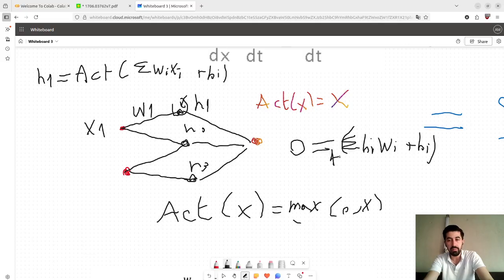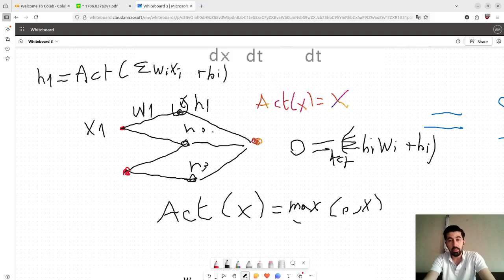So we do activation of summation Hi Wi plus Bi. And the activation of the output layer here is activation of x is equal to x, so it's the identity. So if we give it 2, it will output 2.